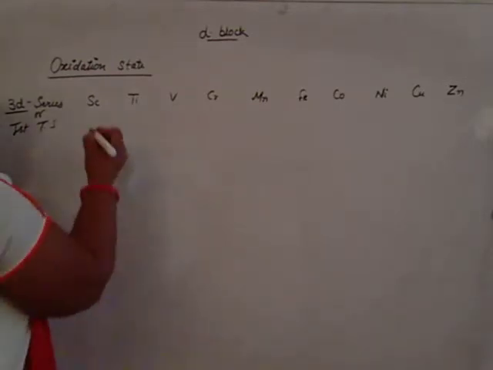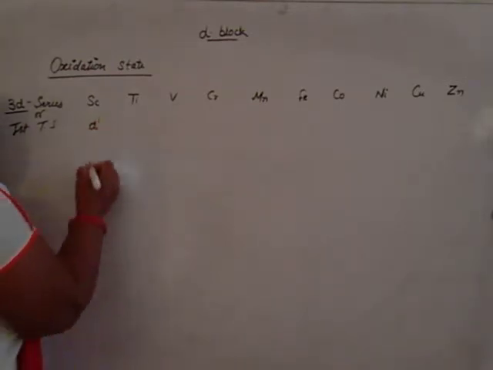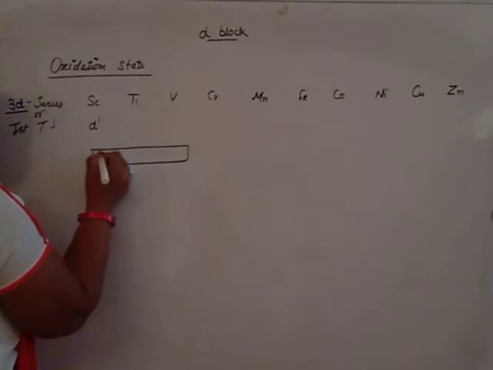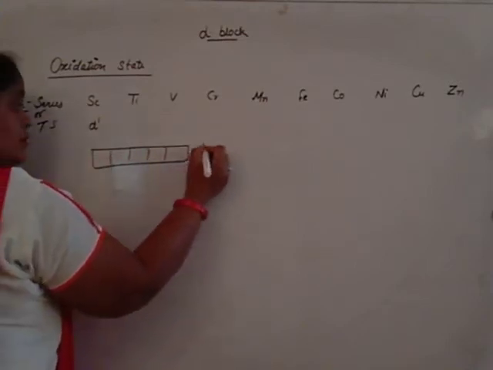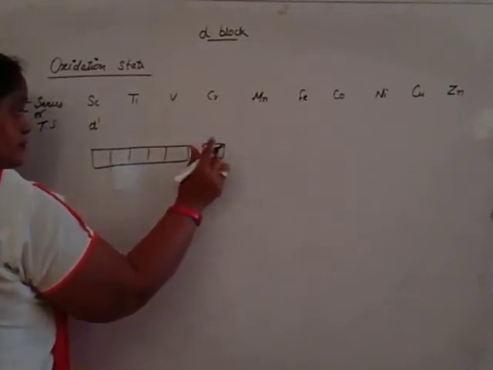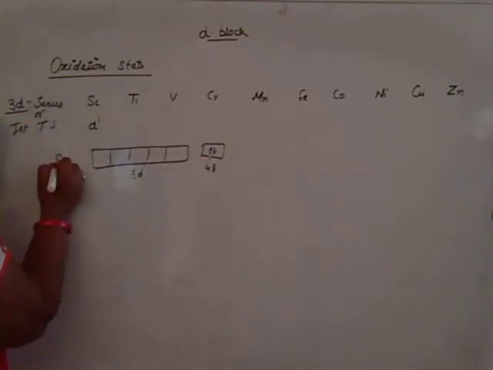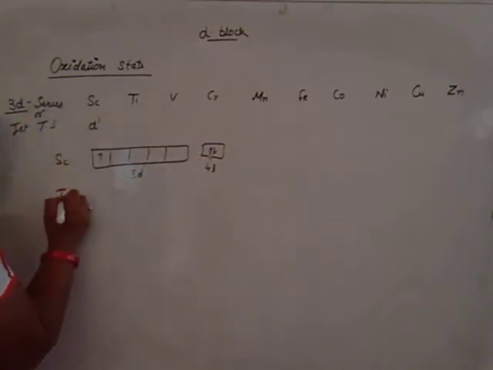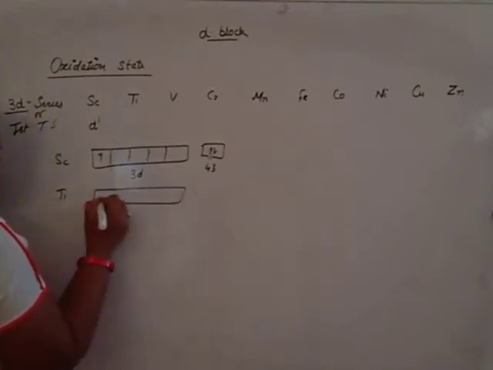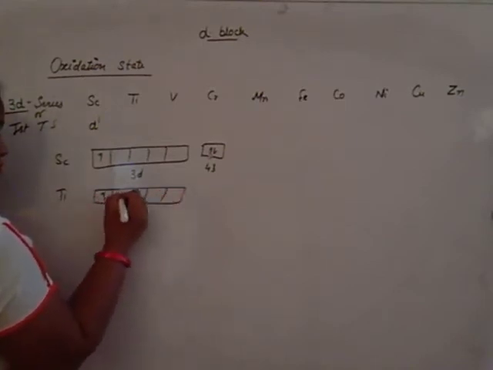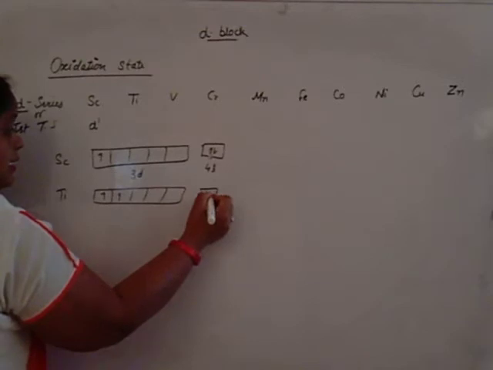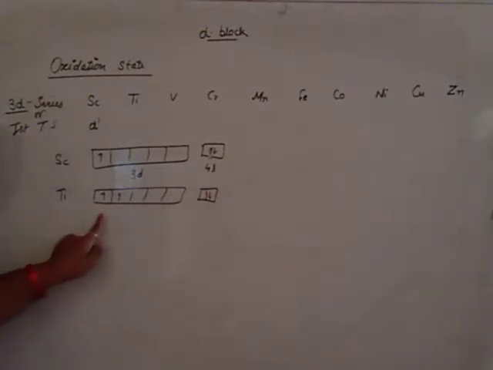At scandium it is 3d1 with one unpaired electron, 4s2. Titanium is 3d2. As the number of unpaired electrons increases, the oxidation state increases.